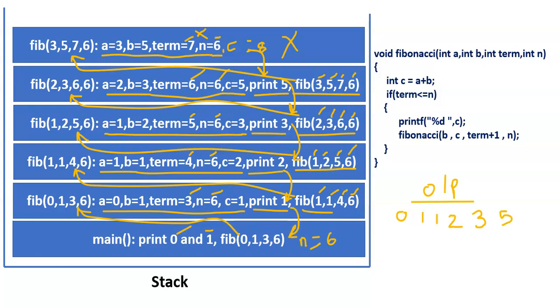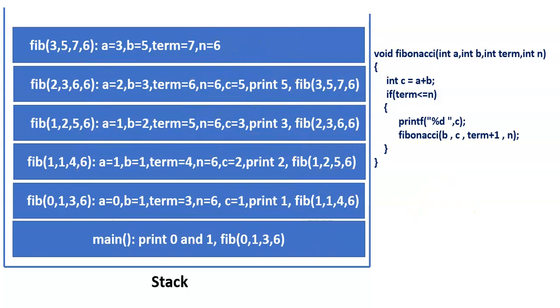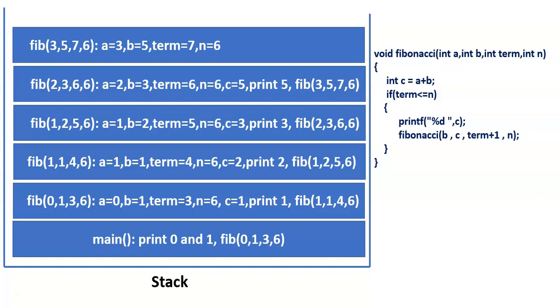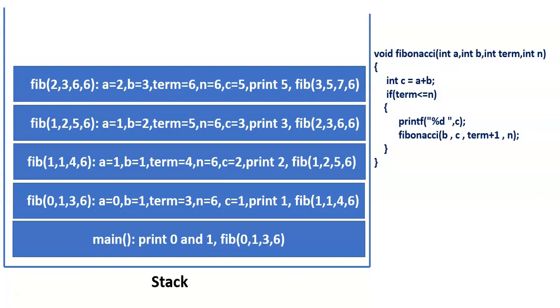As there are no more statements to be executed in the main function, it will be removed from the stack. Now in this fashion, once the functions are completed, they are removed from the stack in last in first out order. That means whatever is placed last will be removed first.